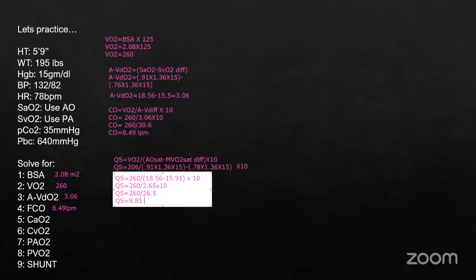And what are the units? I'm going to let you answer this because I've said it like 5, 6, 7 times. We are working with which formula? Cardiac output. So what are the units for cardiac output? Liters per minute.